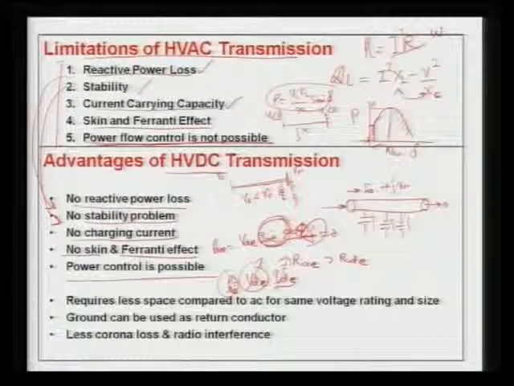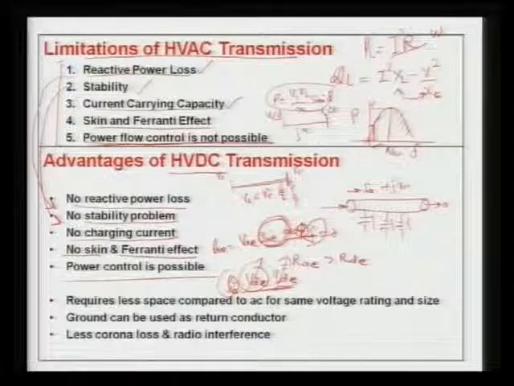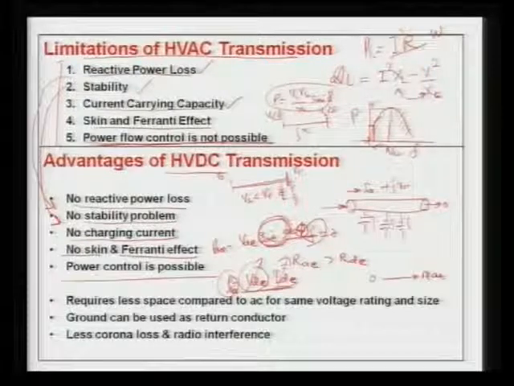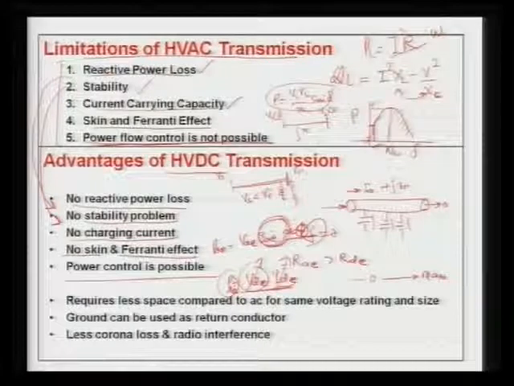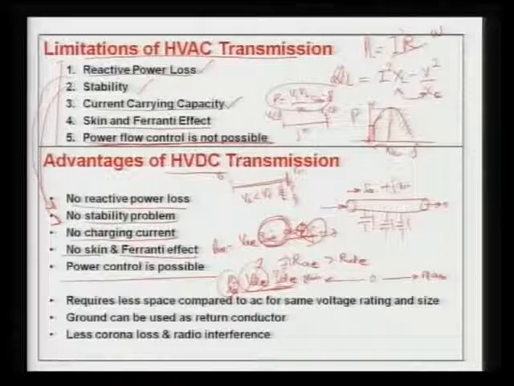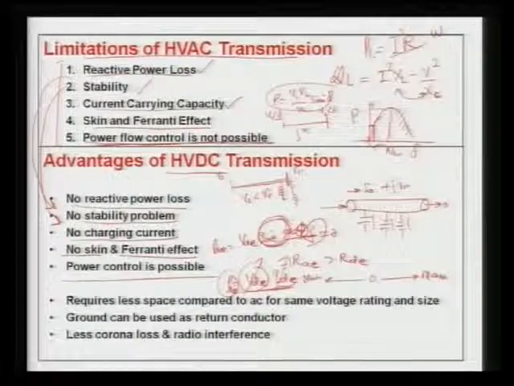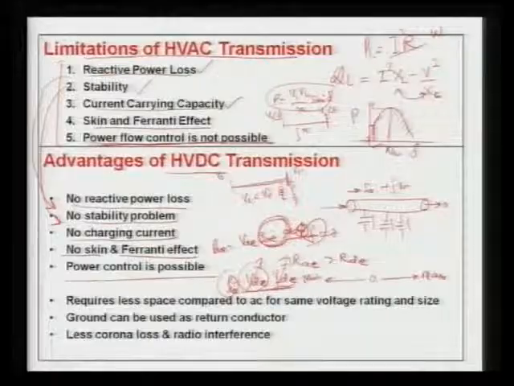So basically the DC power is very effectively controlled. It is not only controlled from 0 to its maximum value, it is also possible to control it in the negative direction, because the voltage can vary from minus V to 0 to plus V. So we can have power reversal with the help of this HVDC link, which means you can have full two quadrant operation.